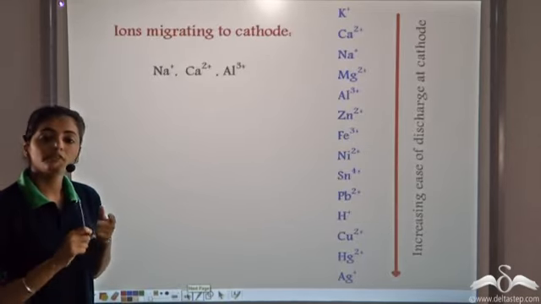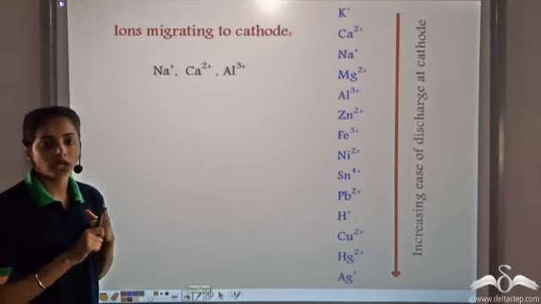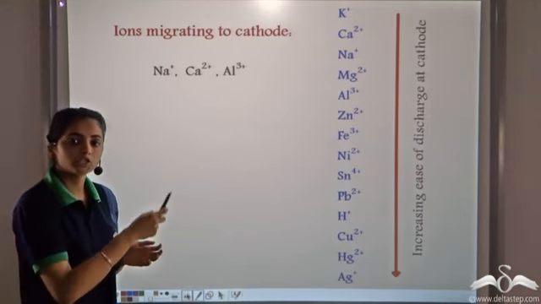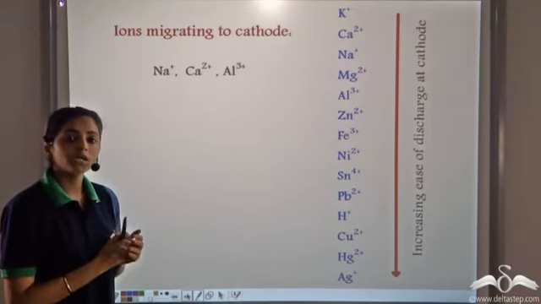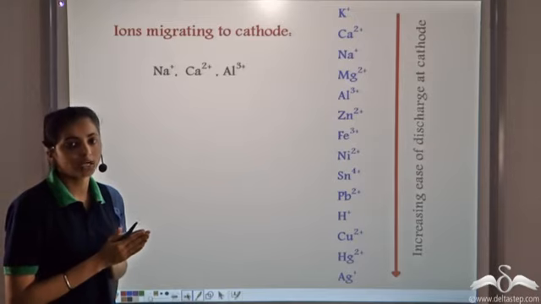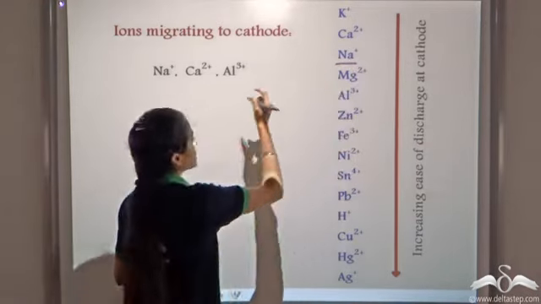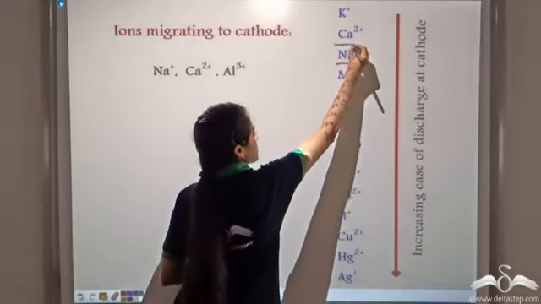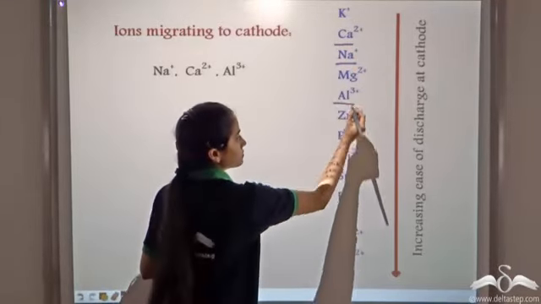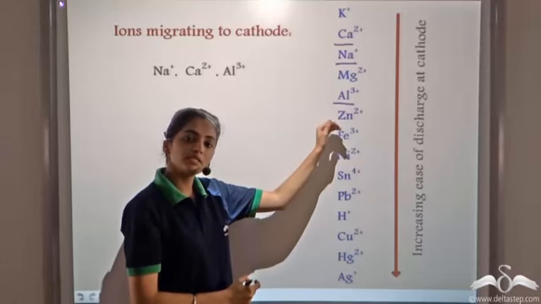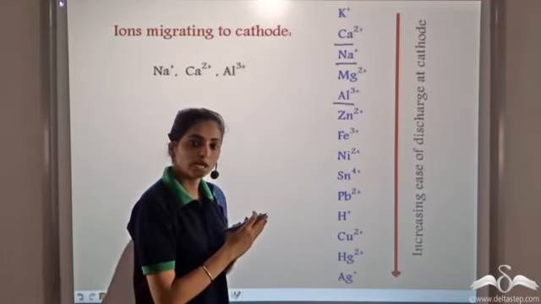And we know only one cation can be discharged at the cathode. Based on the position of the ion in the electrochemical series, we decide which cation is discharged at the cathode. So we have Na+, Ca2+ and Al3+. So we know the ion which is lower in the electrochemical series is discharged at the cathode.